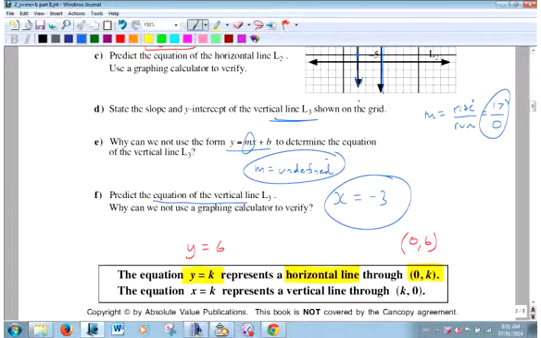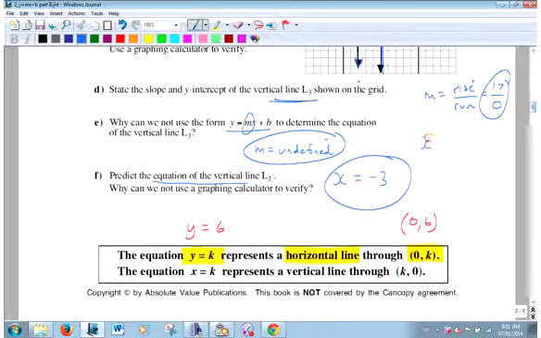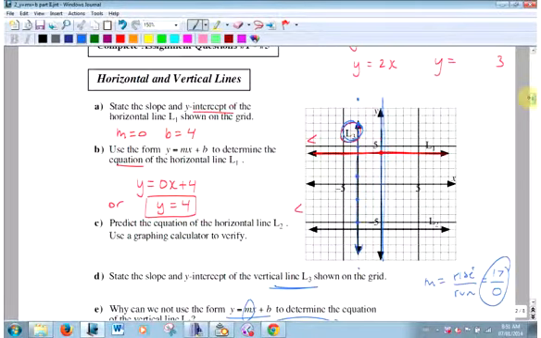X is something. All right, what does the line x equals 4 look like? Well, where's x equal 4? Right there. And right here. And there too. And there. And here's another one. That's the line x equals positive 4. It's a vertical line. Slope's undefined.